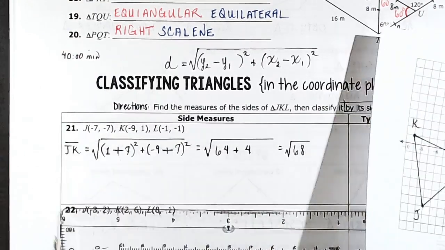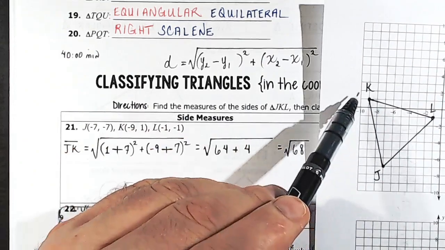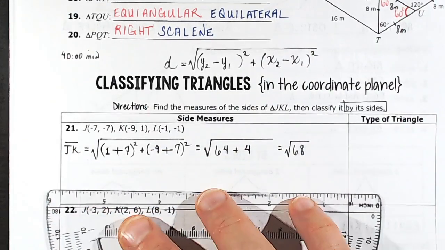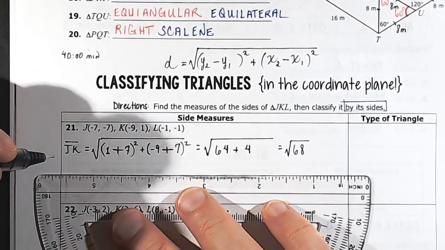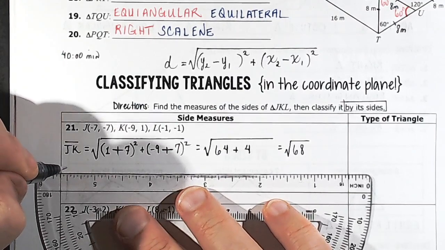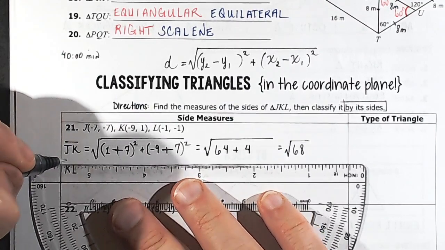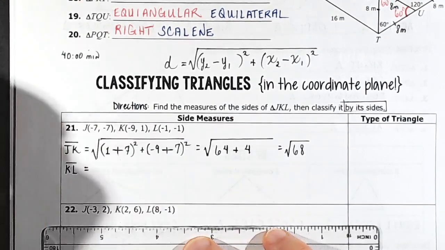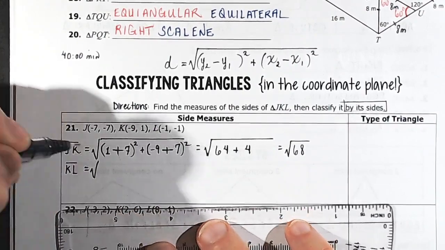So what do we know now visually? We know that the distance between J and K is the square root of 68. Well, now we have to find the other two distances. Now we'll find the distance between K and L. KL, line over it, equals big square root sign.